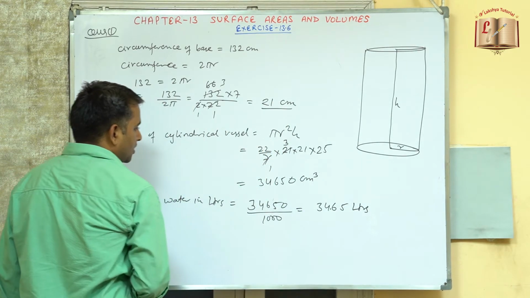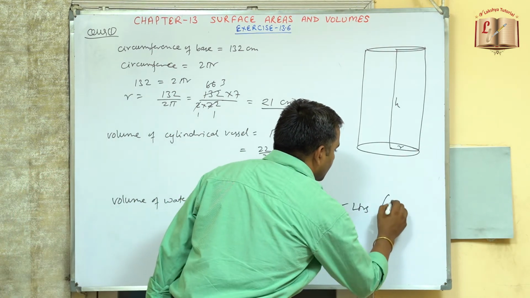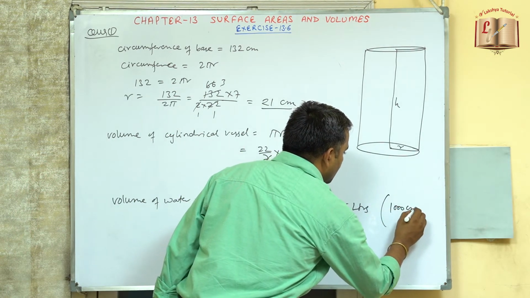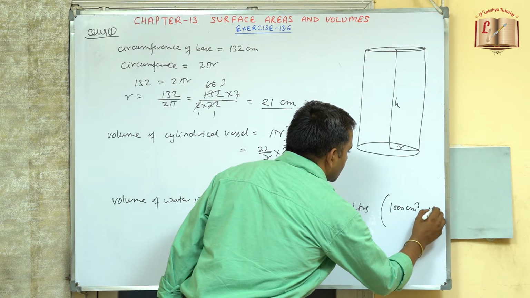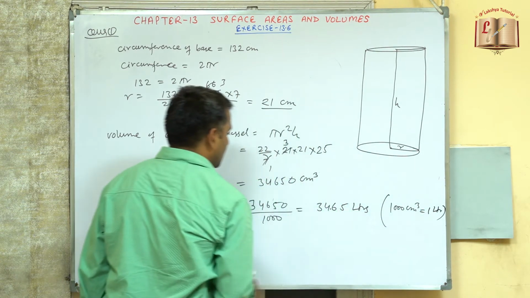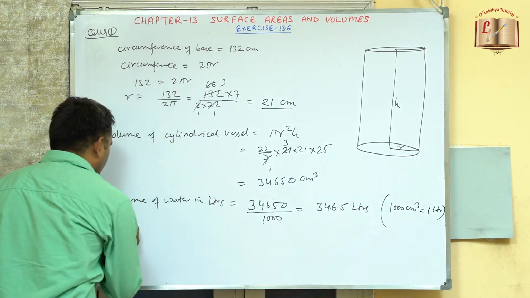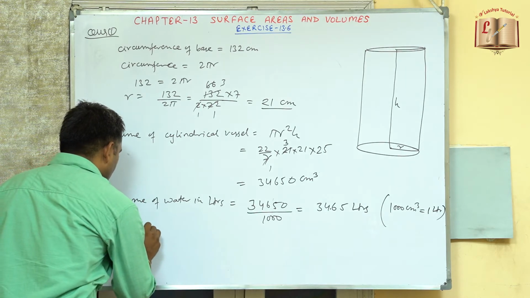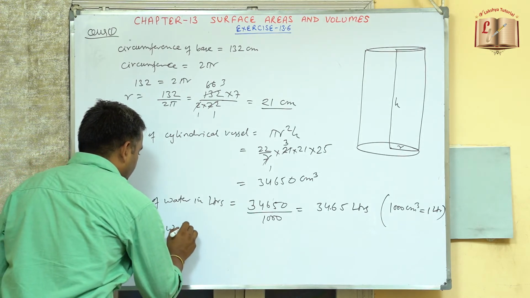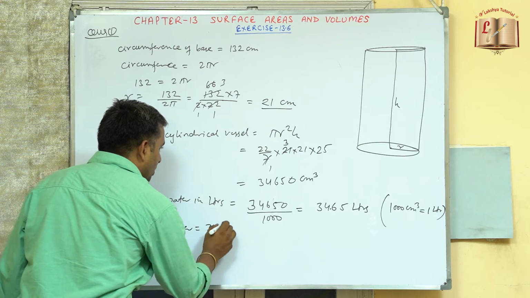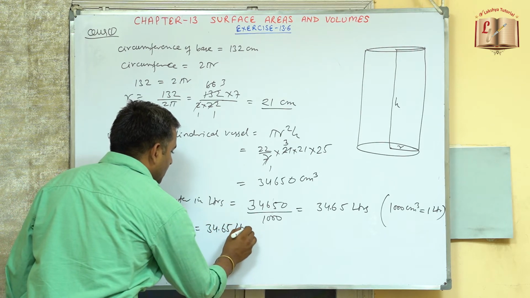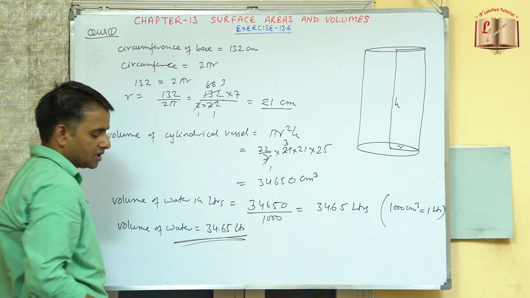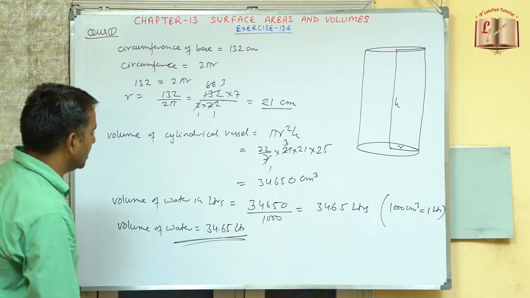Or we can write down that 1000 centimeter cube is equals to 1 liter. This is the relation. So volume of water we got, this is 34.65 liters. So this is the answer of the capacity of the vessel in liters.